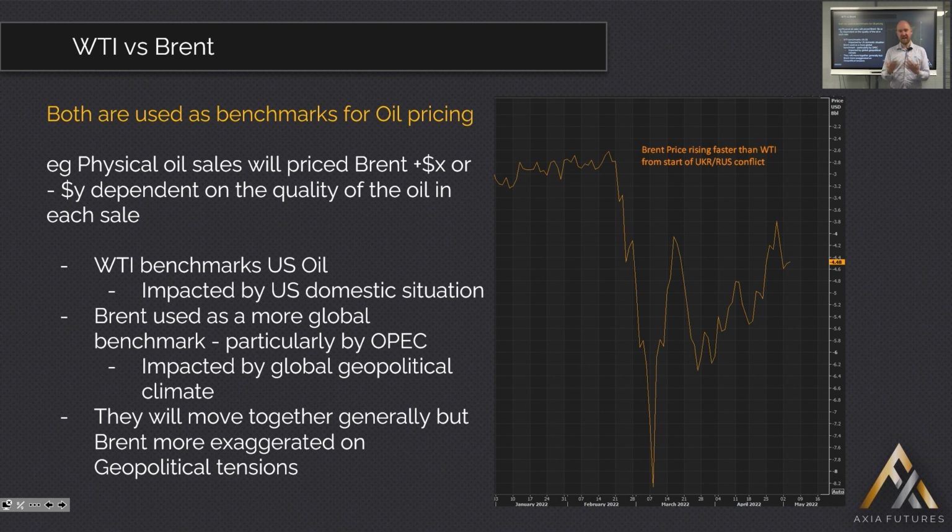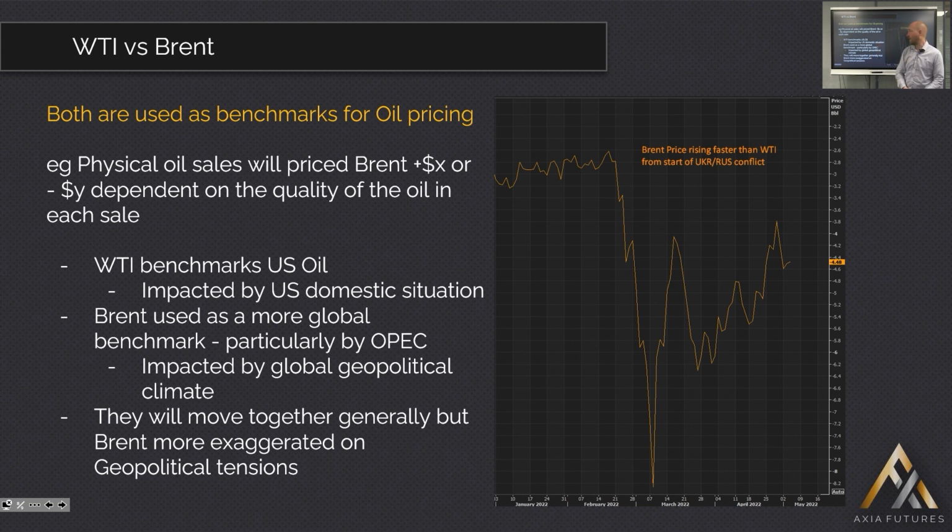So a certain standard of oil is implied in the WTI contract and the Brent contract. The different contracts relate to different physical oil. And so the way physical oil is priced is they'll take the benchmark futures contract and they will then price each sale of barrels of oil, depending upon their quality, either plus or minus Brent, plus or minus WTI.